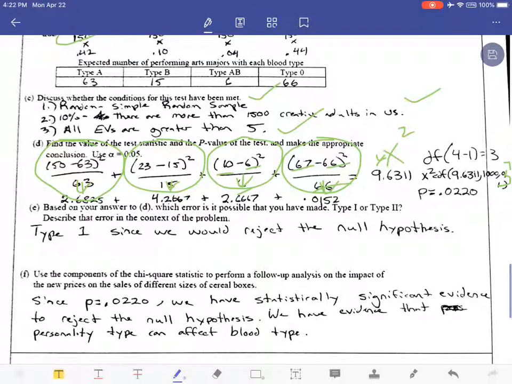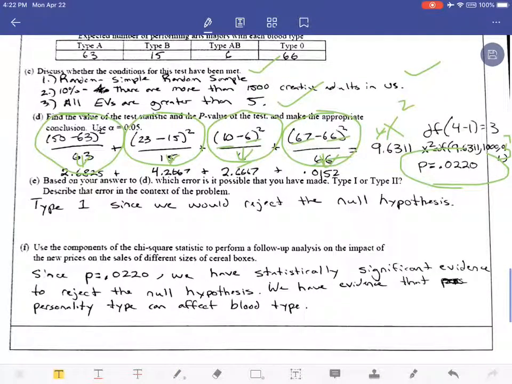Then we convert that chi-squared value to a p-value using chi-squared CDF in your calculator, and that gives us a p-value of 0.0220. So for our analysis, we say that since our p-value is 0.0220, we have statistically significant evidence to reject the null hypothesis.